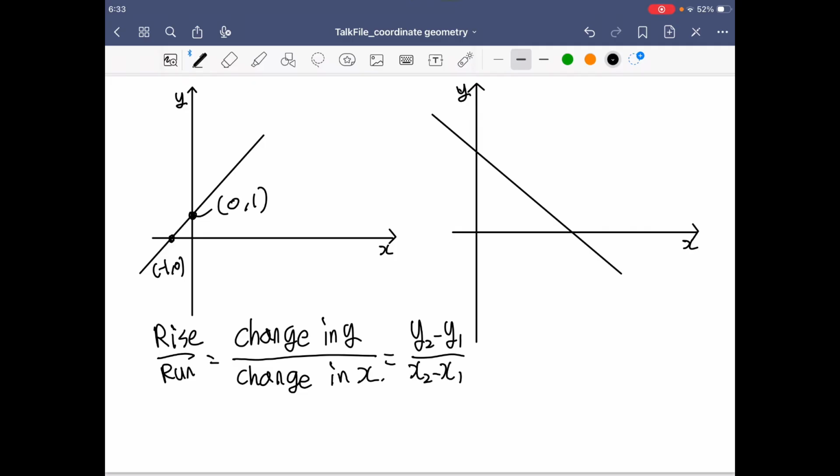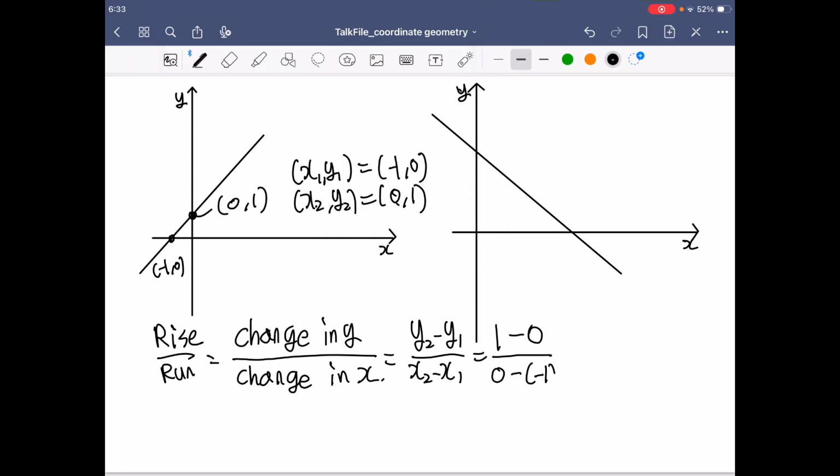So in this case, x1, y1 is equal to -1, 0, and then x2, y2 equals 0, 1. So y2 minus y1, so this is 1 minus 0, and then x2 minus x1, so 0 minus -1. So this will be 1 over 1. So that's why this is 1.